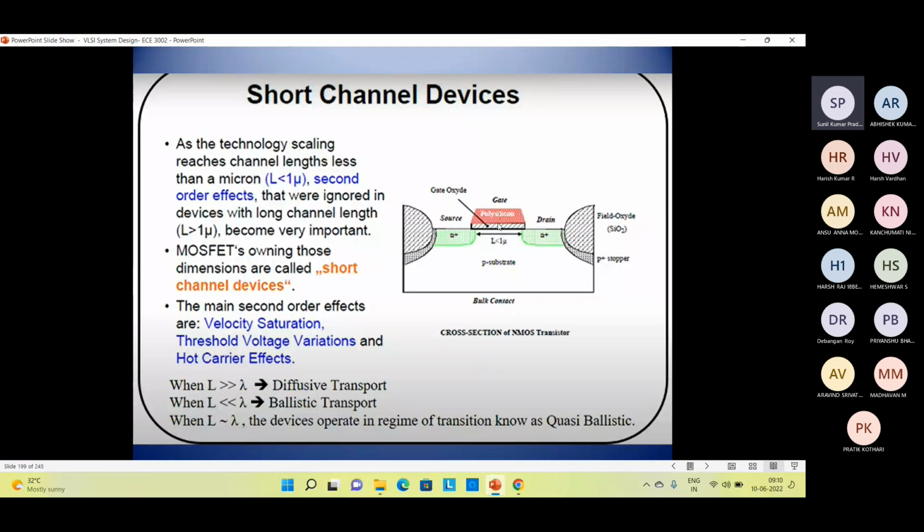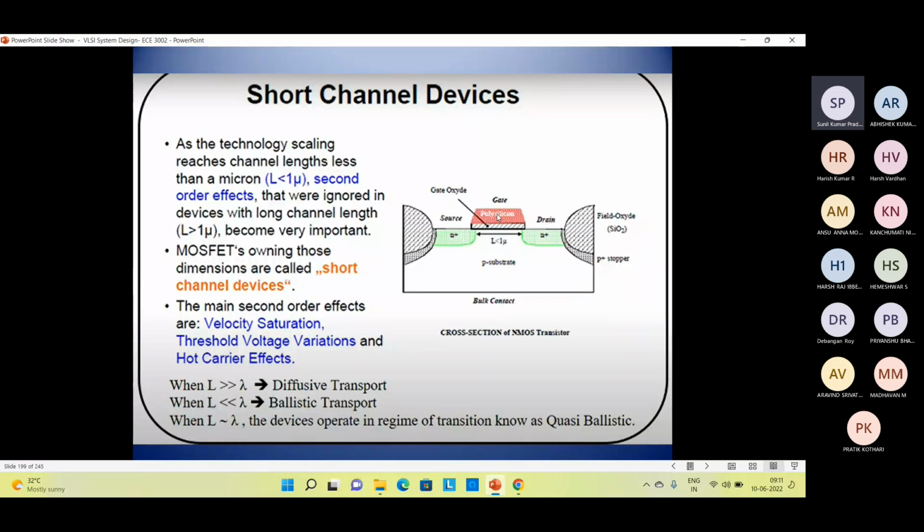So remember this one. When you say that this device is operating in the ballistic region, that means you can be sure that the channel length is very much less than the mean free path of electron. Normally our MOSFET devices have a very small channel length, so they are sometimes used in the ballistic region, where the transport behavior is governed by ballistic transport.